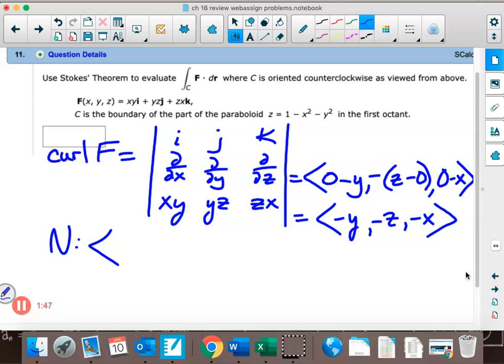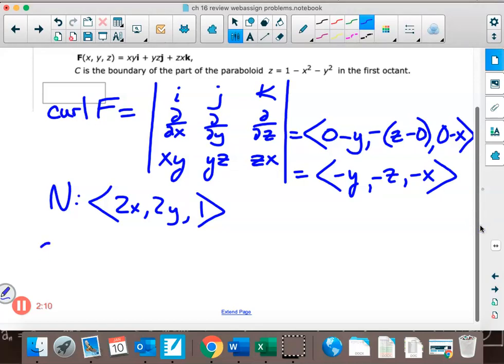So I get 2x, 2y, 1. Good. So we match. Looks like everyone's got that far. All right.